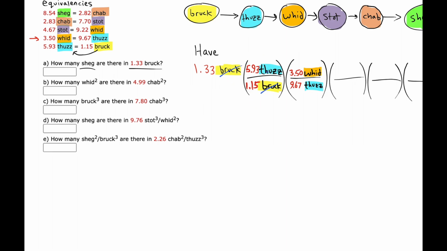So the brucks cancel, the thuz will cancel, and now we're here at wid. We want to go to the next step, which is stot. So let's put wid down below and stot above. Now we're going to be looking at this conversion. I need to take the 9.22 and put that with wid. And I'll take the 4.67 and put that with stot.